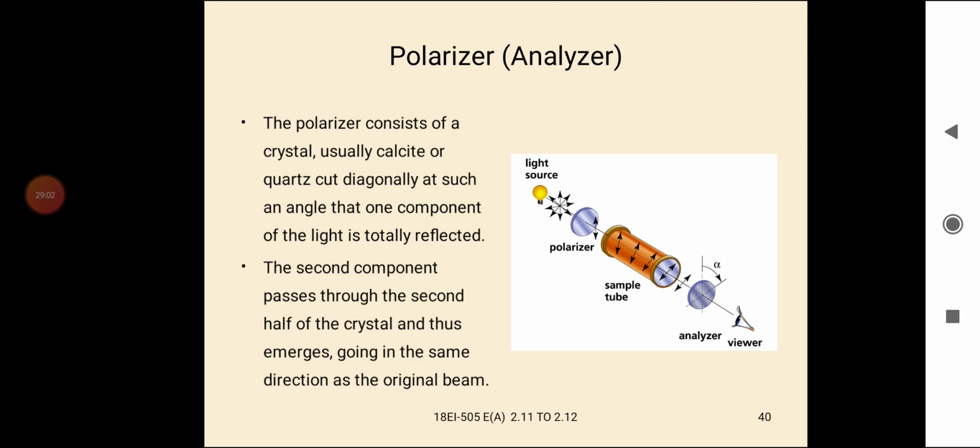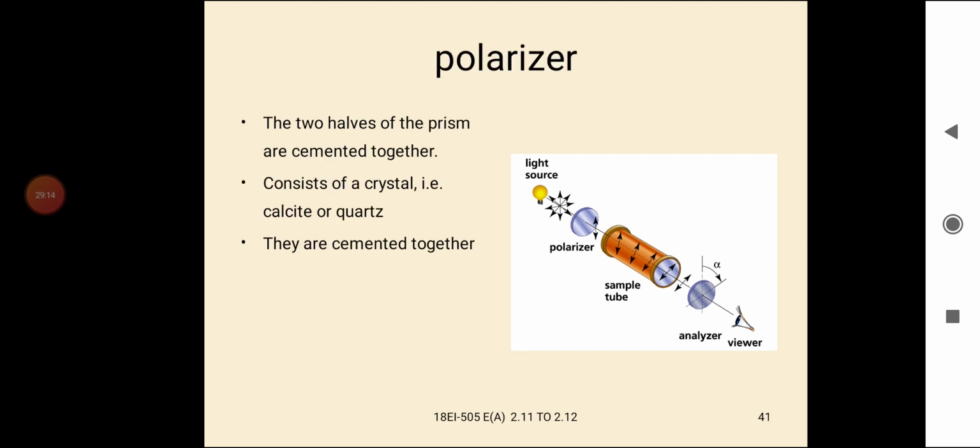The second component passes through the second half of the crystal and thus emerges going in the same direction as the original beam. The two halves of the prism are cemented together.